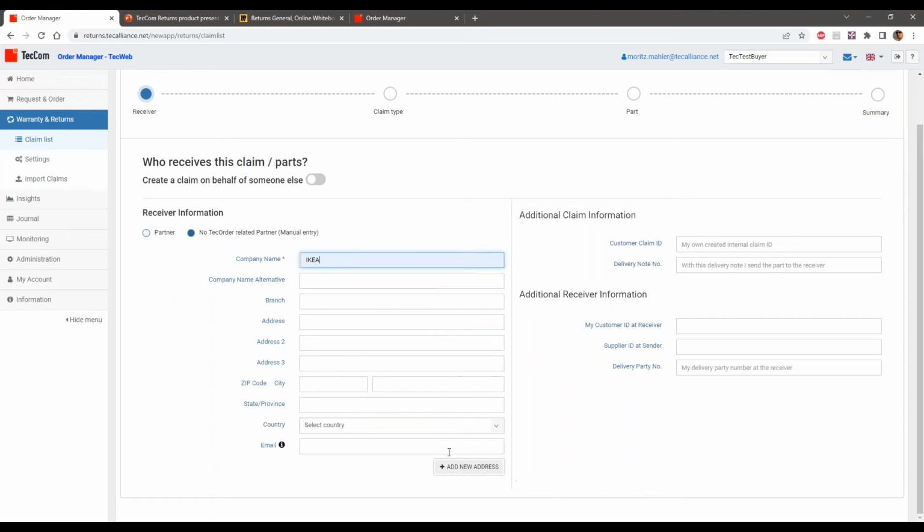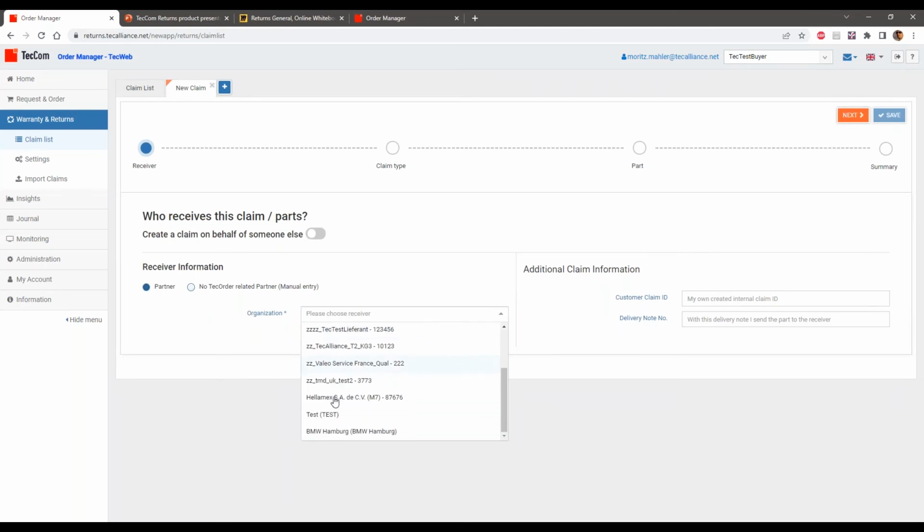So we created this address book. Because if you write in all the content here, you can save this address to your address book, and later on you will see them in this list.